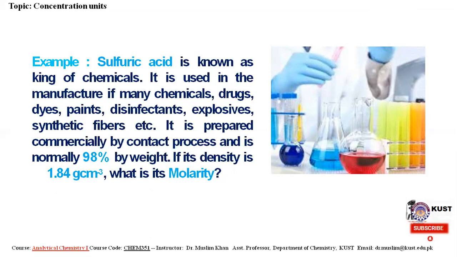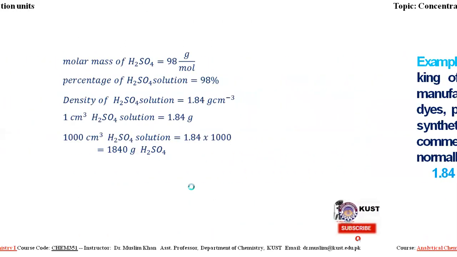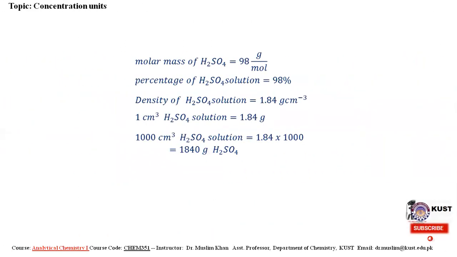What will be the molarity of this solution? Here the solution percentage is given and you want to calculate molarity. In the previous example, percentage was given and we wanted to calculate molality. Here it is molarity.